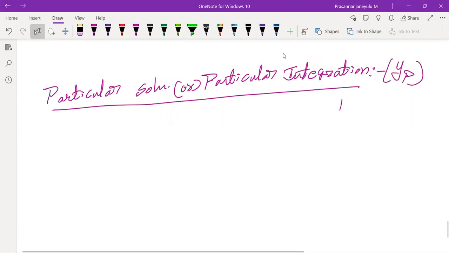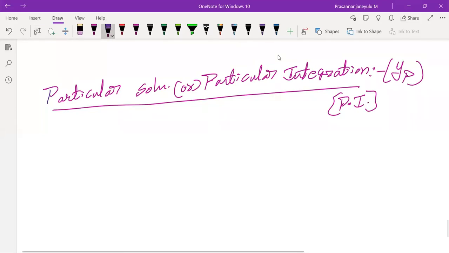There may be pi also for particular integration, and for yc they will call it ci also. Some textbooks may refer to ci and pi. But here we are using yc and yp, just for understanding. yc is nothing but the complementary solution or complementary integration. yp is nothing but the particular solution or particular integration.